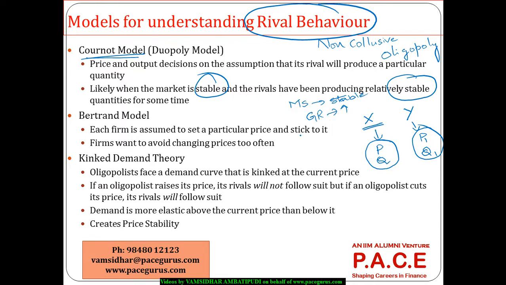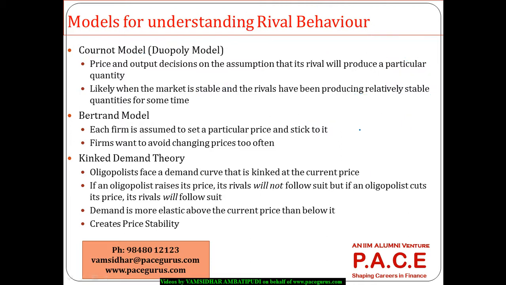In that kind of scenario, whatever decision regarding price and quantity is taken by firm X will be under the assumption that Y is going to produce and sell this much at this particular quantity. That is what is brought out as part of the Cournot model.